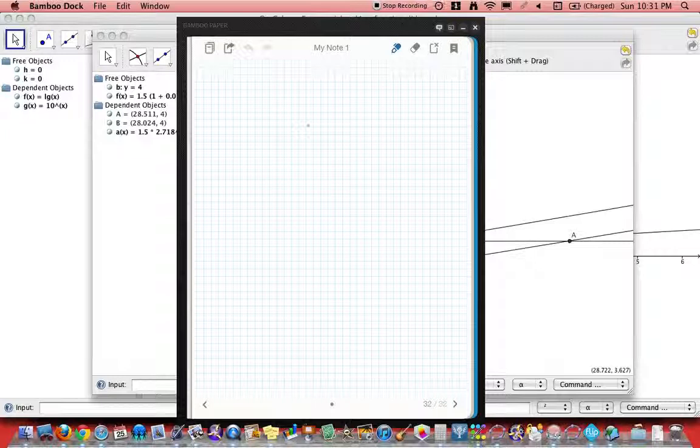Now, to solve that mathematically, we would do a slightly different thing than the last time, okay? Because we started out with, again, this function, the population equals 1.5 times e to the 0.035t, okay? And we want to know, when does that equal 4?